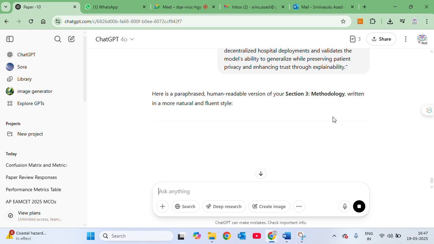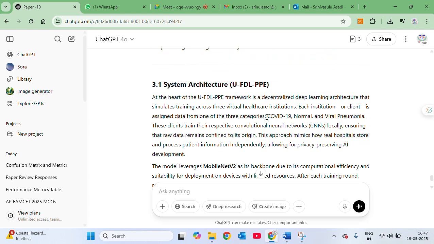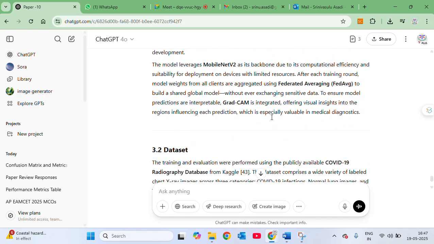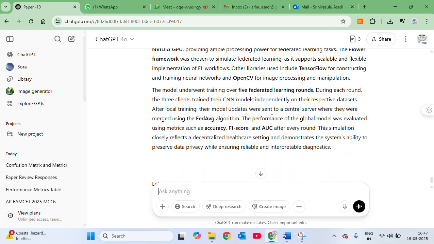In this methodology we have three side headings. What is the research methodology we are using in this paper? We are using the proposed methodology UFDL PPE framework. After that, system architecture UFDL PPE, then data set, then simulation setup.